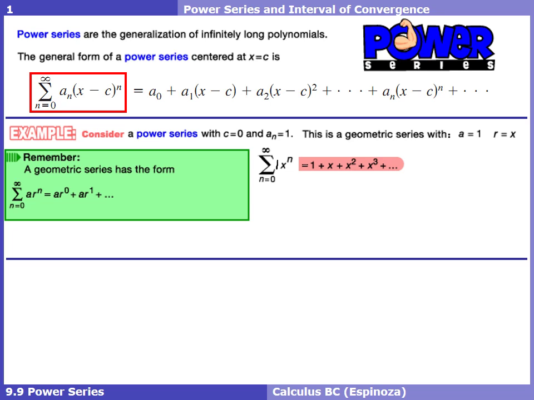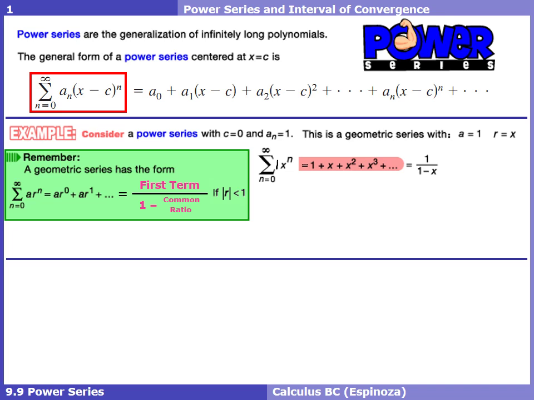So if we wanted to know what the sum of this was, we could, of course, use our formula that we saw back earlier in chapter 9. I'm going to write this out in word form, and of course the word form of our geometric series formula is the first term over 1 minus the common ratio, and that's assuming the absolute value of r is less than 1.